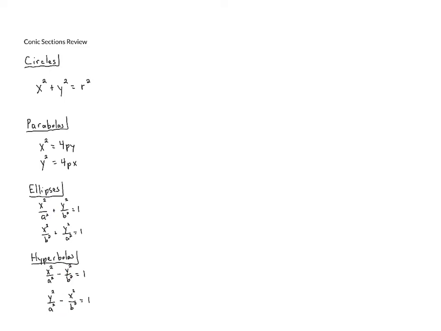So by looking at the coefficients on the squared terms and whether they're both positive and whether one's positive and one's negative, or if we just have one of the variables being squared, this is going to tell us whether we have a circle, a parabola, an ellipse, or a hyperbola, and then we will be able to figure out what the graphs are going to be.